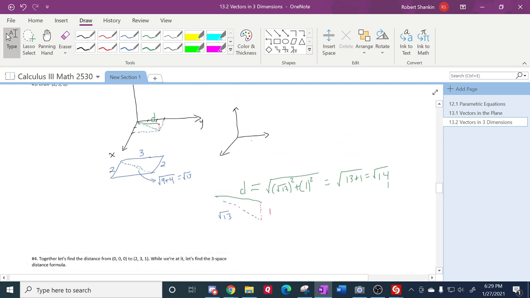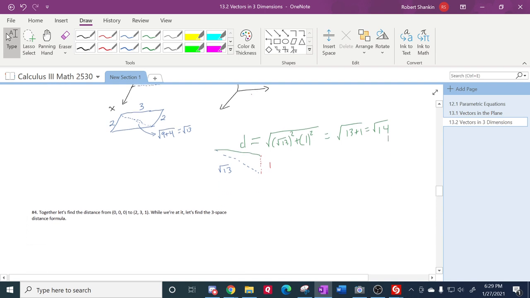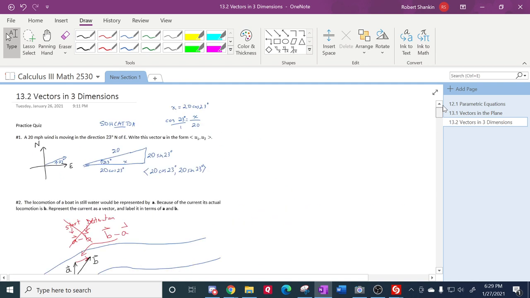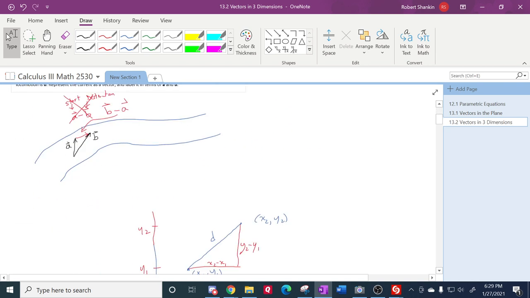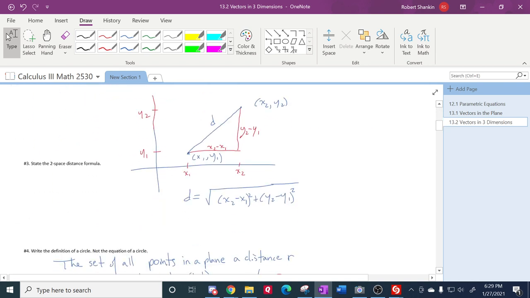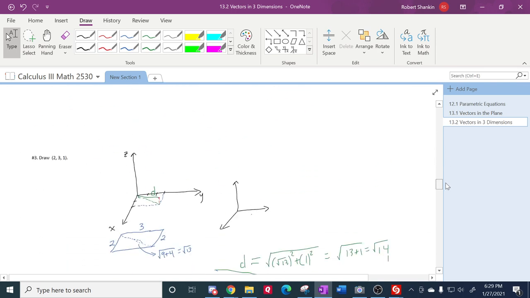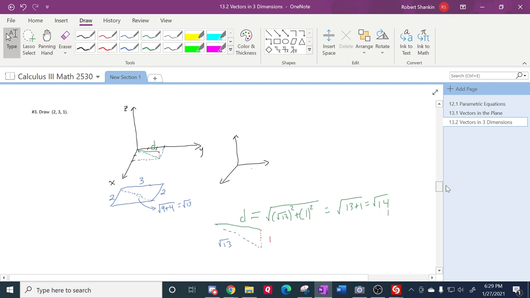And maybe even drawing a picture that demonstrates the general 3-space distance formula, kind of like we had a picture for the 2-space distance formula. And if anybody comes up with that and wants to share that, they can, or if they want to just keep it to themselves, that's fine too.